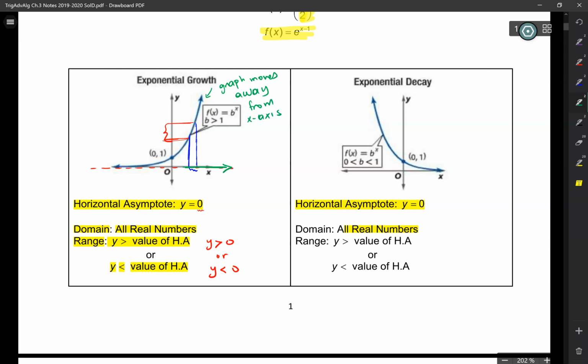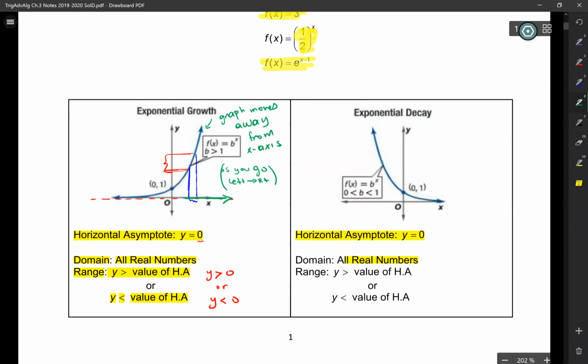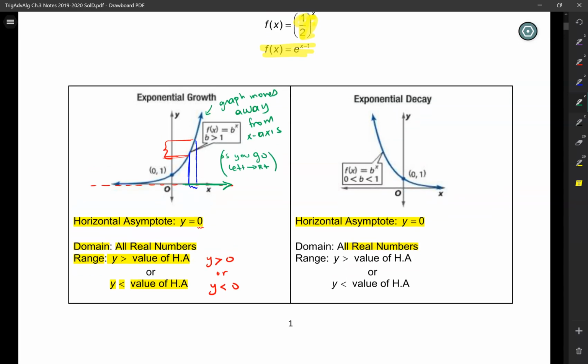Okay, so this is as you go from left to right. Here, look at the second one, that's decay. As you read left to right, the graph moves towards the x-axis. Okay?